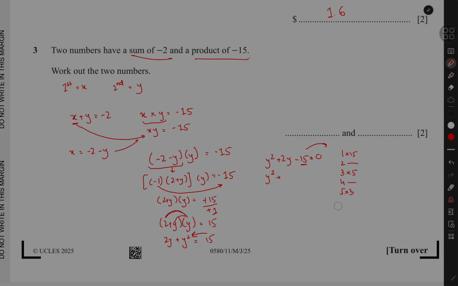What I found is the factors of 15 are 1 multiplied by 15, 3 multiplied by 5, and 5 multiplied by 3.